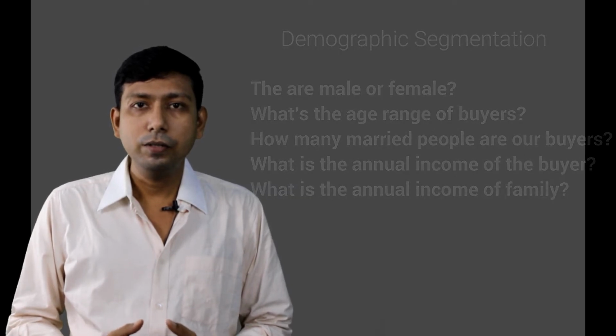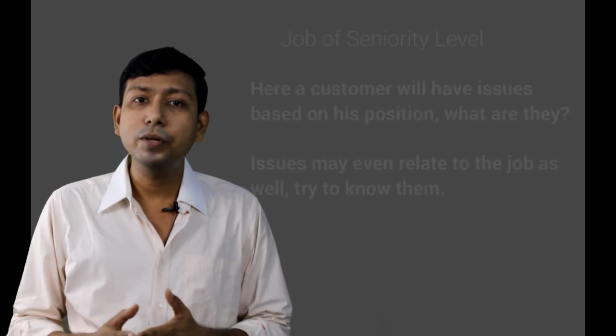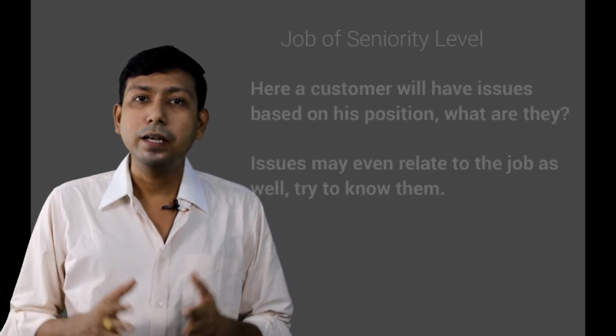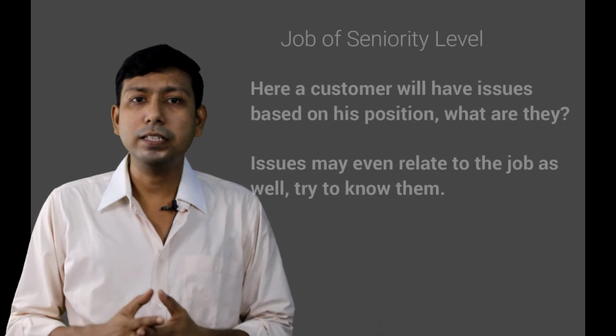Now the next point would be their job or the seniority level. In the job or seniority level you can find different types of pain points, different types of personalization.